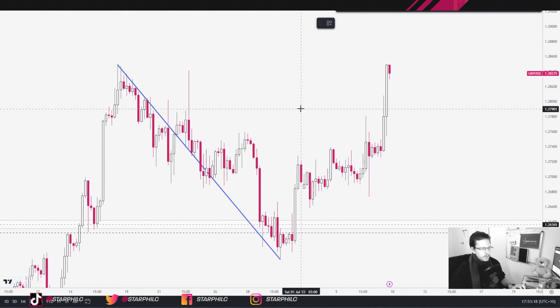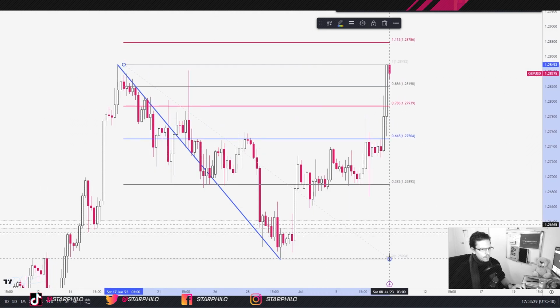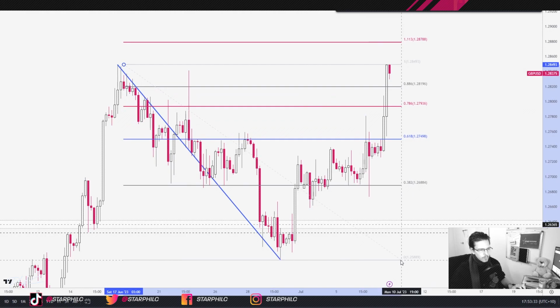With the bat pattern, we grab our Fibonacci retracement tool, right? So from our impulse leg here, we go from this swing high down to our swing low. And when you're drawing the Fibonacci retracement tool, it's not from the bodies of the candle. We want to do it properly. It's from the wicks of the candle, okay?